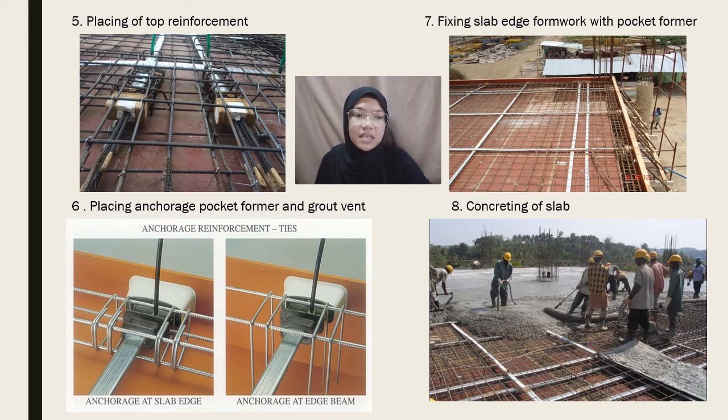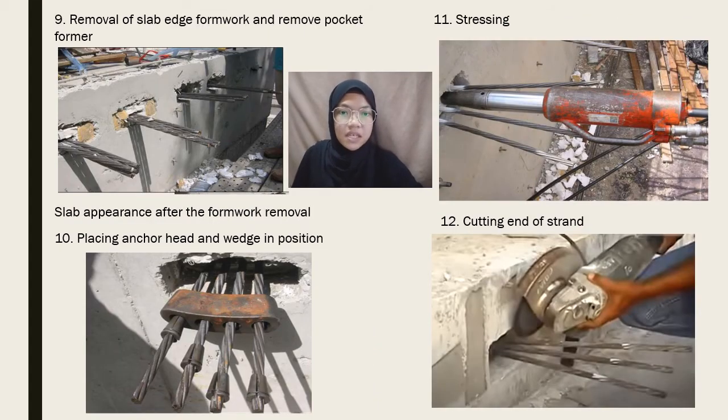After fixing the pocket former, we must concrete the slab. Concreting the slab must be done along with the vibrator to make sure the concrete is distributed evenly. After the concrete has hardened, we must remove the slab edge formwork and we also must remove the pocket former. After that, we will place the anchor head and wedge in position.